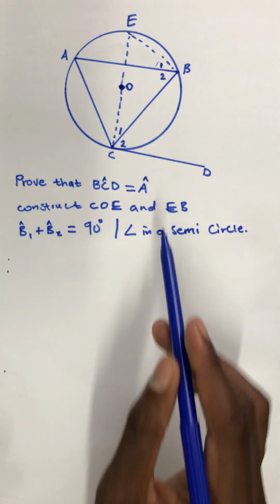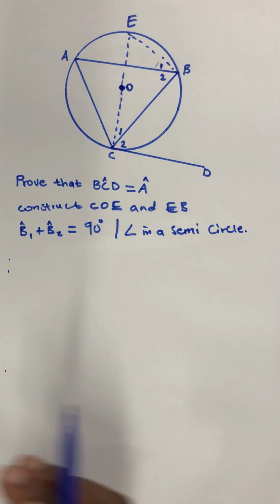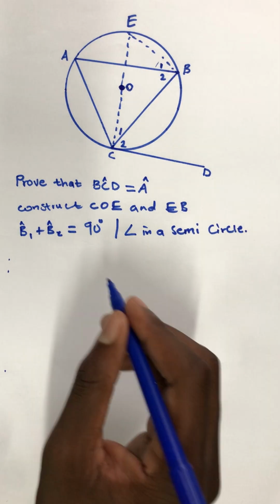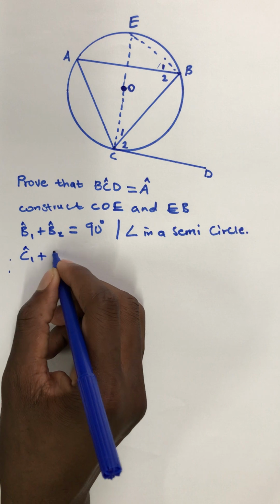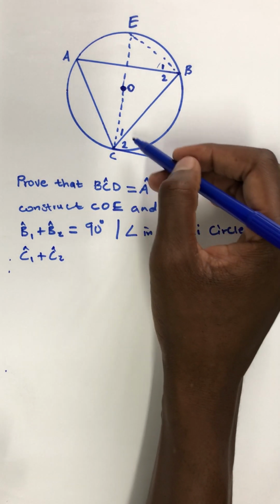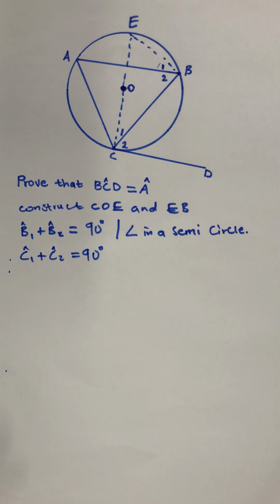The angle between the diameter and the tangent is 90 degrees because the diameter and the tangent are perpendicular to each other. So we say now C1 plus C2 is equal to 90 degrees.